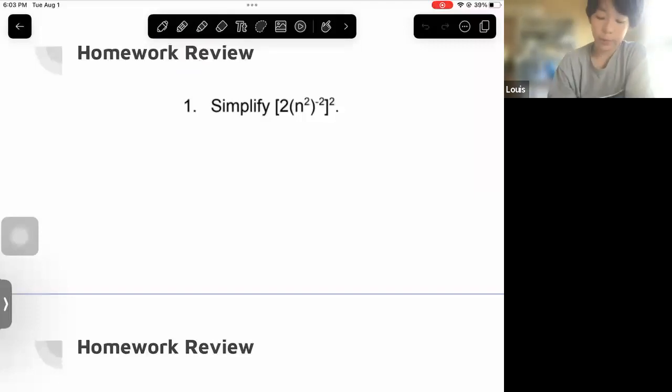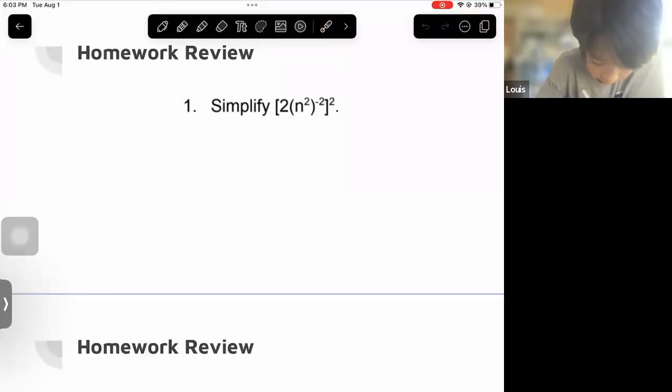We have to simplify this expression. So how do we do it? We first simplify the part inside right here.